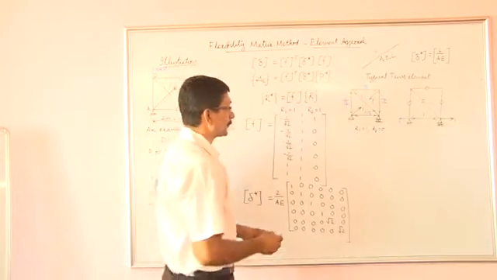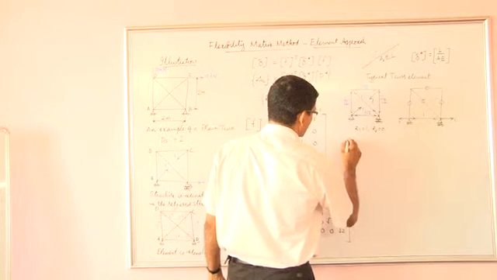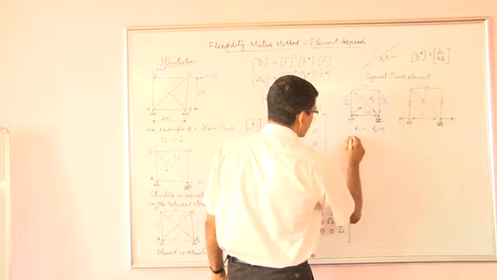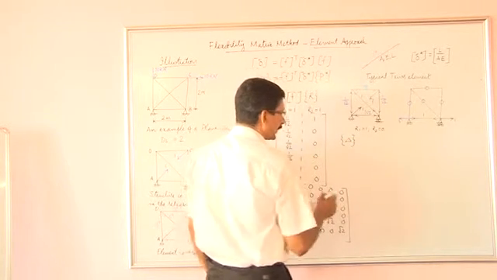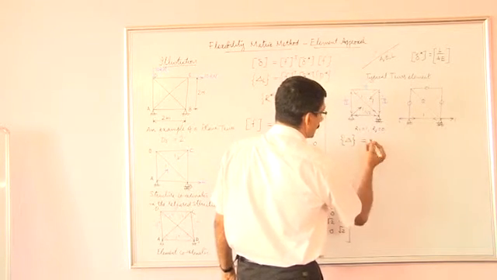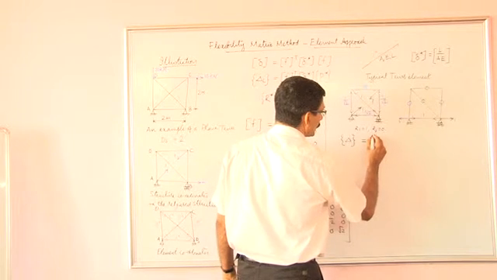I'm sorry, we have to find out the delta vector. The delta vector corresponding to the structure coordinates is equal to, applied displacement would be 0 and 0.